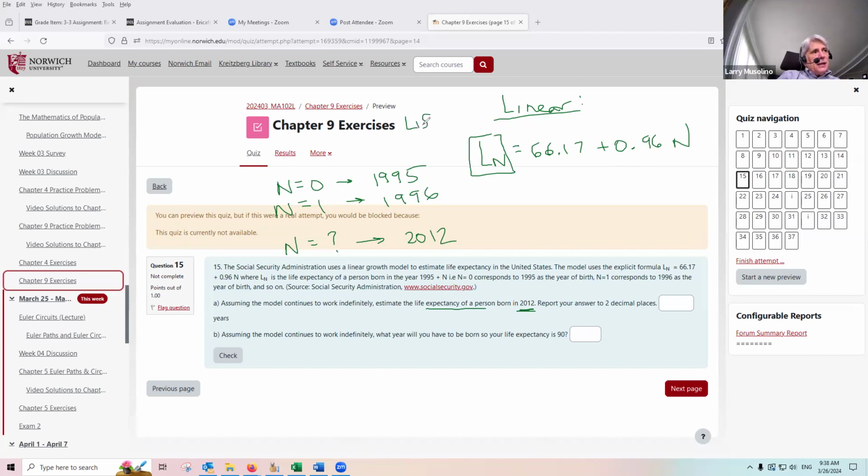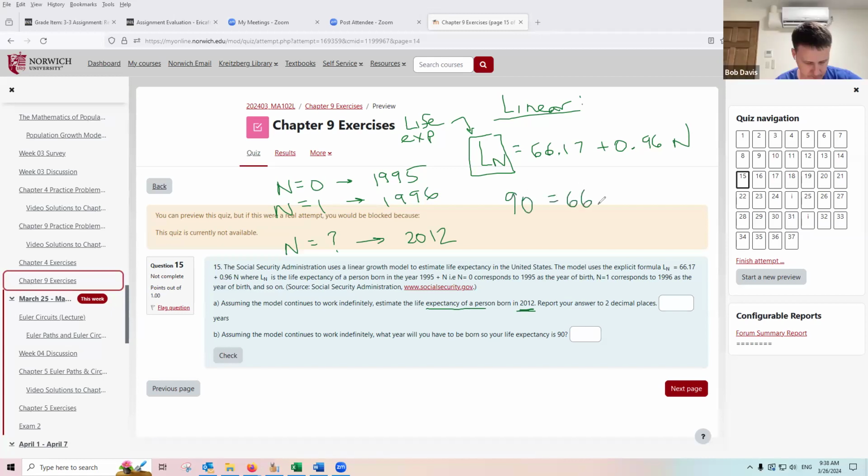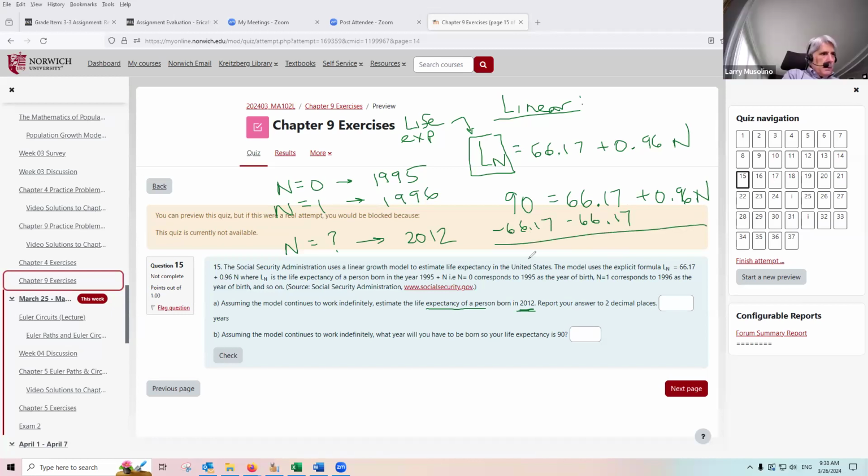They kind of told me that in the problem. And so if they tell me the life expectancy is 90, they're asking me to replace L sub n with 90. Okay. And then I can work that out after that, but then I'll subtract 66.17 from each side, and that'll get me the first step. Good, that's 33 point something, 0.83, I think. Yep.